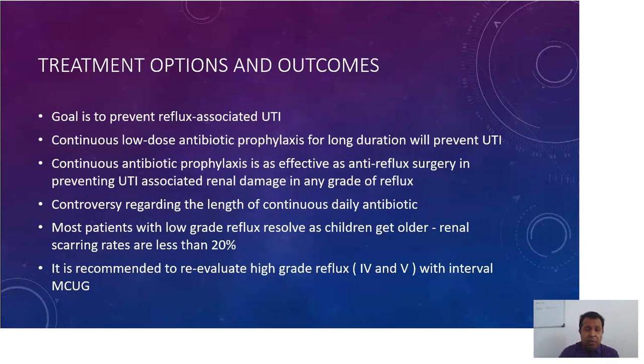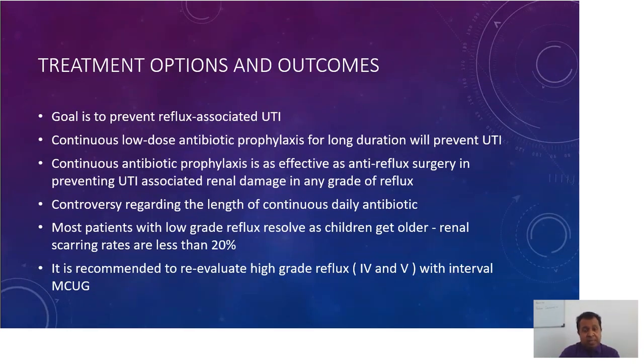How we are going to do that depends on the grading and the medical options available. One of the basic medical options that we use is to start them on continuous low-dose antibiotic prophylaxis for a longer duration to prevent recurrent urinary tract infection.